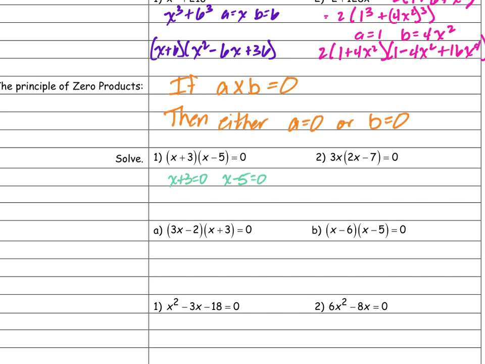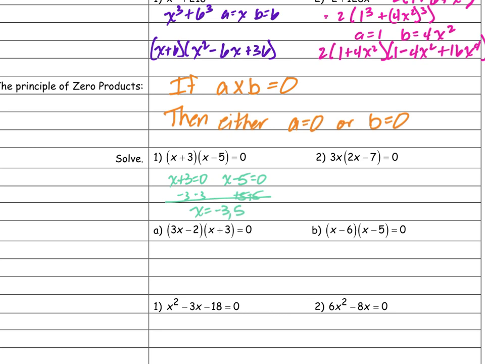And then I just solve for x, right? Subtract 3, add 5, and I get x equals -3 or 5. So if they're already factored, it's pretty easy. I set each factor equal to 0 and I solve, and that's it.